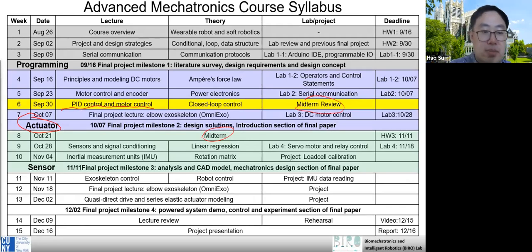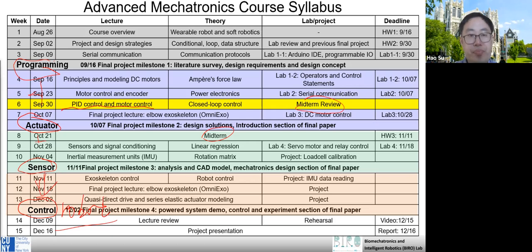The third section is about sensors, and we'll talk about force sensors, the inertial measurement unit, and position sensors. In the last portion, we'll talk about control and how you can use control to put all those components together, from programming, actuators and sensors, to control a robotic system. You can also think of it as the integration of a robotic system.